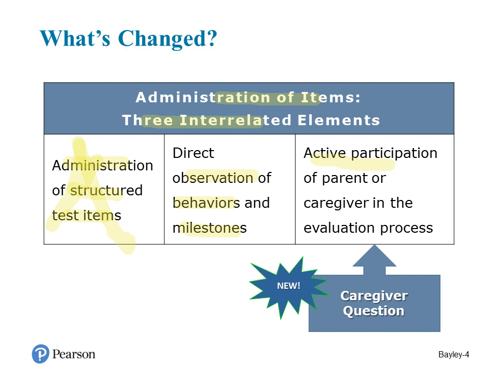And for those behaviors, certainly being able to get the input from the parent or caregiver will be really helpful for this evaluation process. So one of the changes is these three interrelated elements where you might have some items where you present the item using one of these methods, maybe two of these methods, or maybe using all three of these methods. And there are some items where you, in fact, use all three.